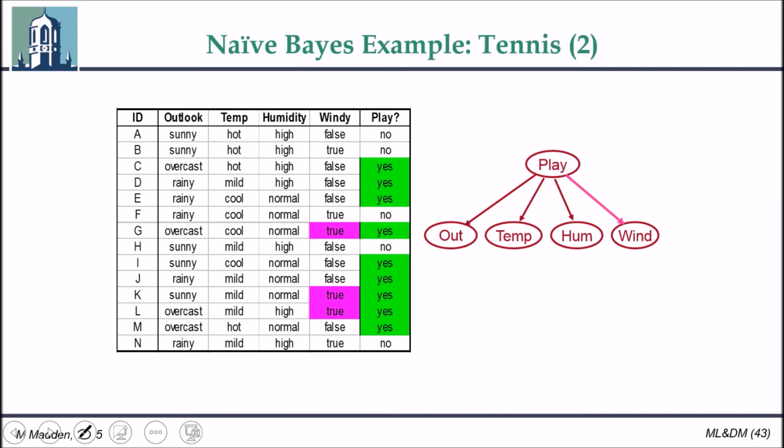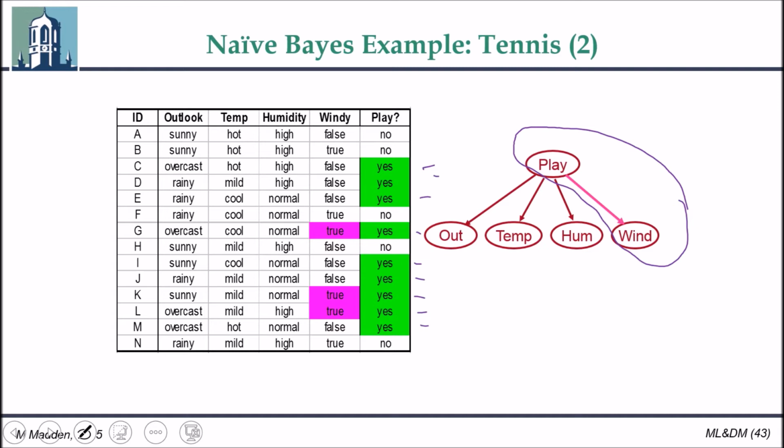So, we'll begin by considering this arc over here, where we've got play tennis and the dependency between play tennis and the wind. So we want to compute how often it happens that you play tennis when it is windy or you play tennis when it is not windy. What we can see from the slide here is that there are 1, 2, 3, 4, 5, 6, 7, 8, 9 cases where we play tennis.